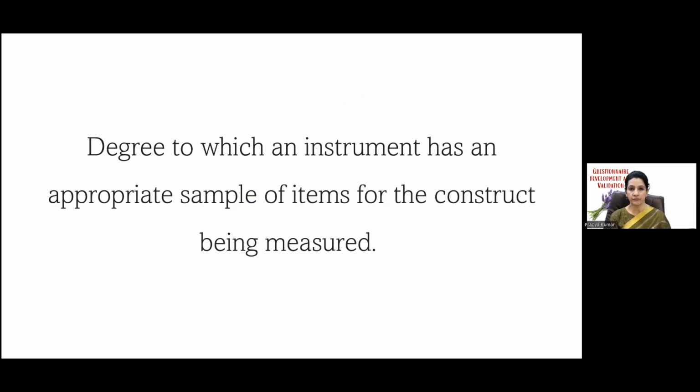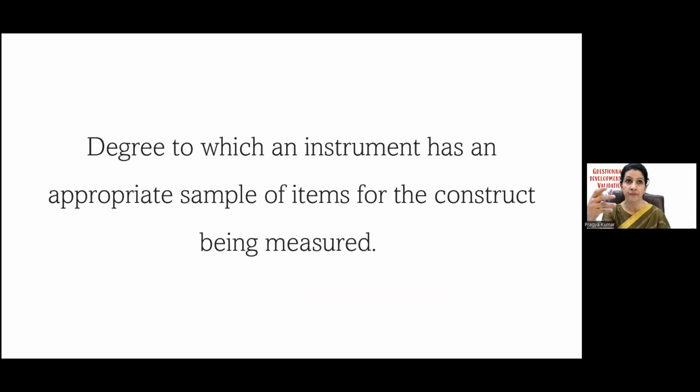So first we'll discuss the content validity. Now, how do we define content validity? So content validity is the content of the items, which I was reading now. So that content or the items which I have selected, is it measuring that same construct or not?